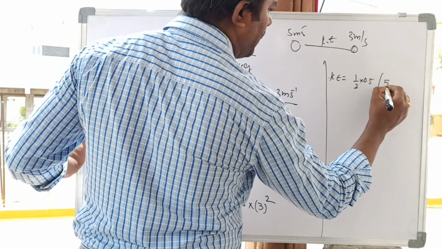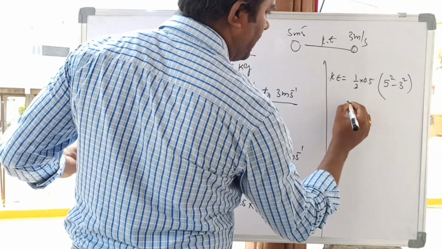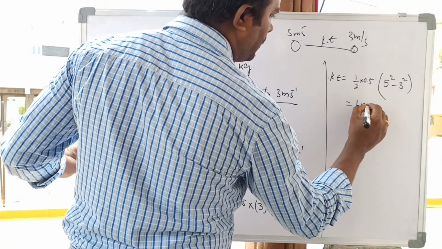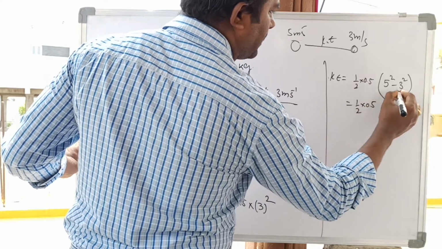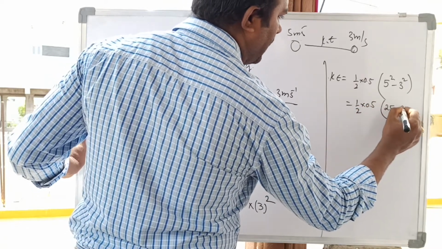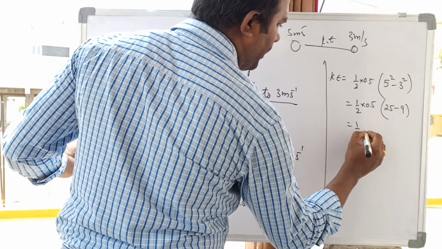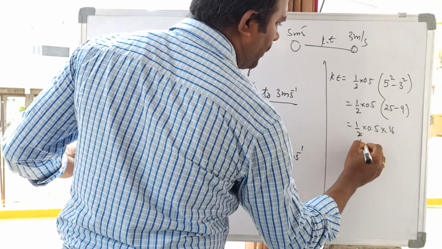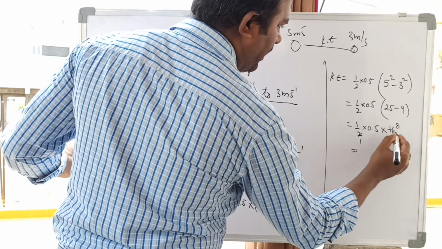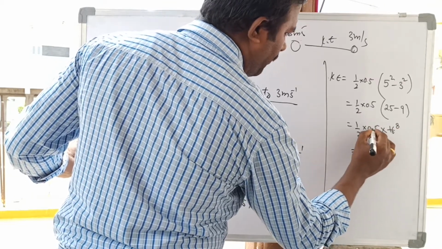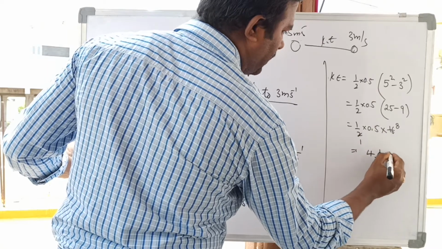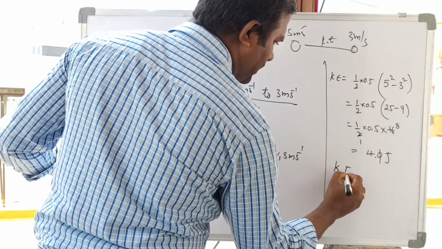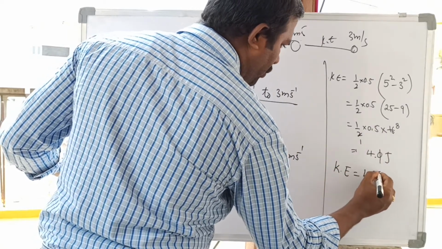We can write it as half into 0.5 into 25 minus 9, half into 0.5 into 16. 2 1 2, 8 8 5 the 40. The decimal point cancels. So the kinetic energy is equal to 4 joules.